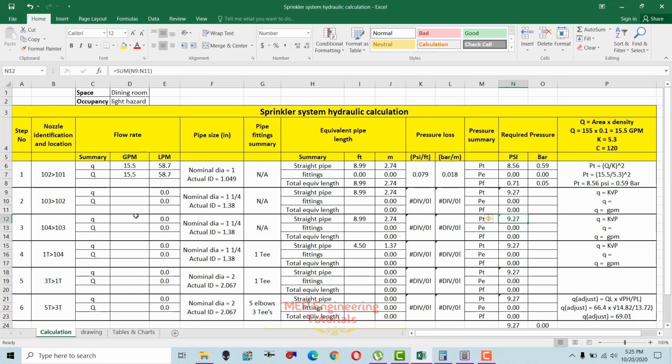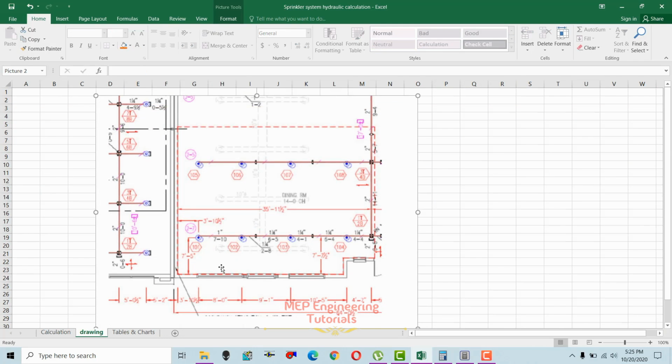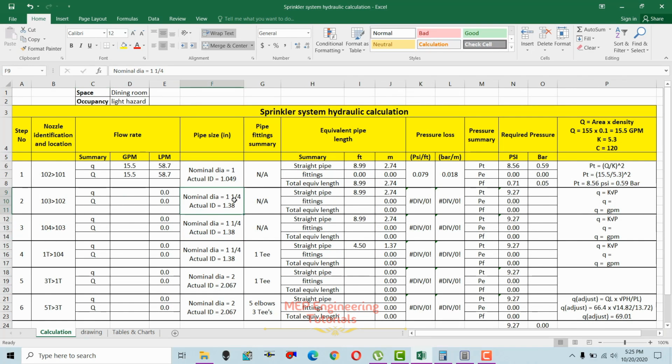So now we are moving to the second section, 103 to 102. You can see that for 103 to 102 we have this sprinkler in here, and the pipe size is 1 1/4. We have written pipe size 1 1/4 in here. If you check the internal diameter of this, that is 1.38.